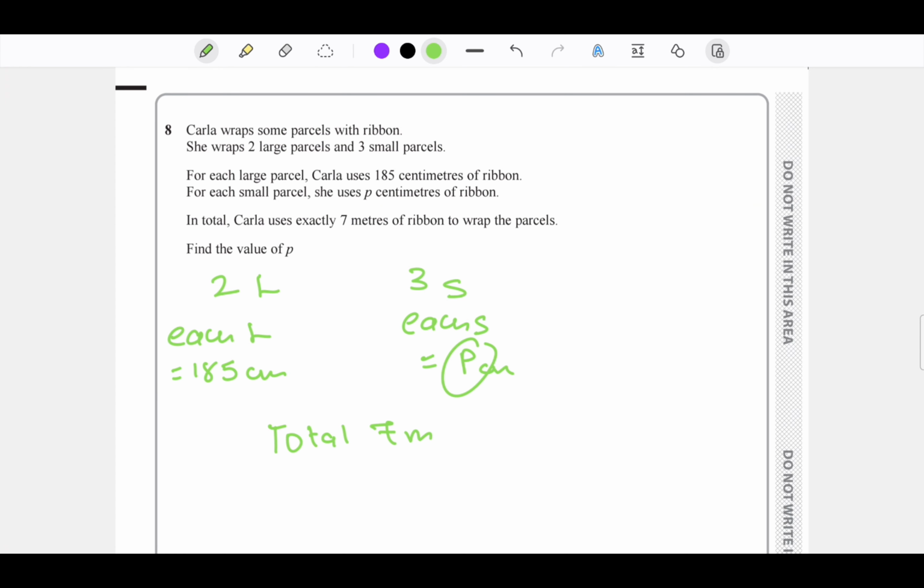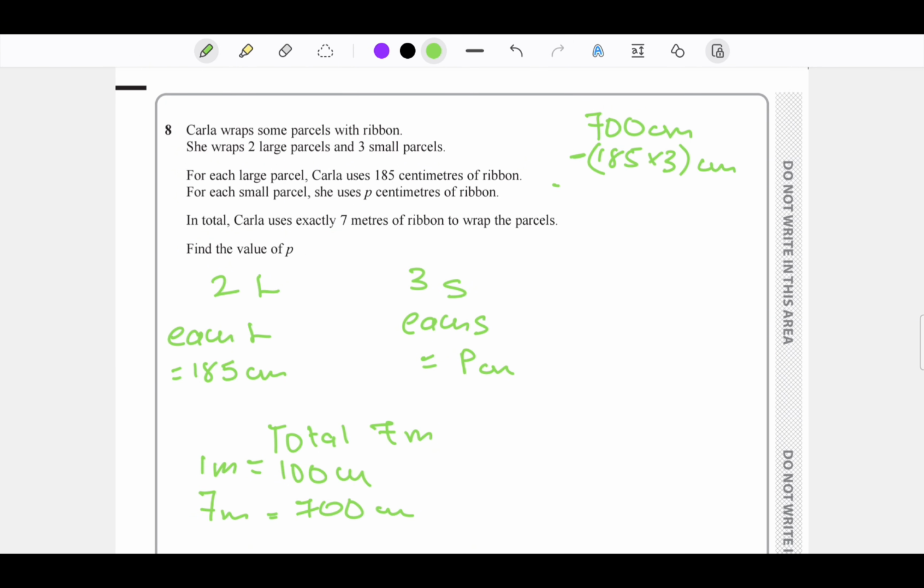Step 1 is we are going to find out how much balance she has after wrapping 2 large parcels, because that is the value they have given. They have asked us to find p. 7 meters is equal to 700 centimeters because 1 meter is 100 centimeters. So step 1 would be 700 centimeters minus 185 times 3.